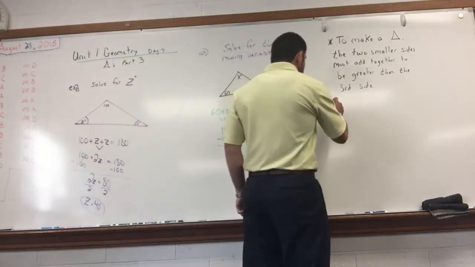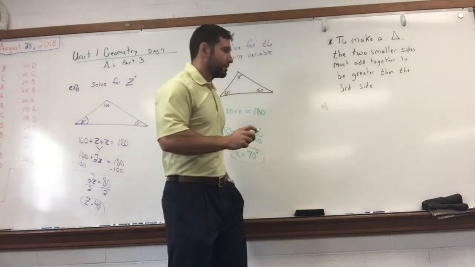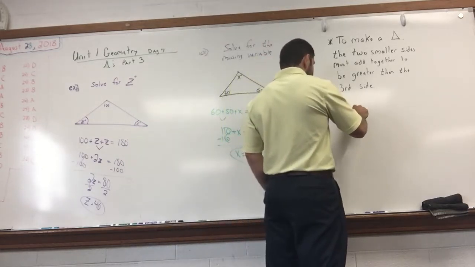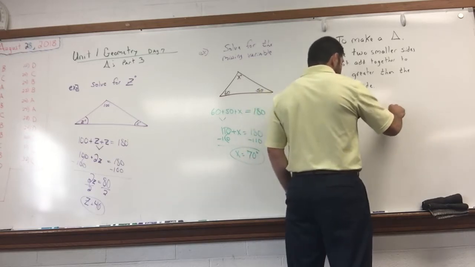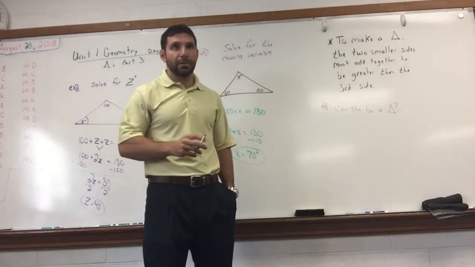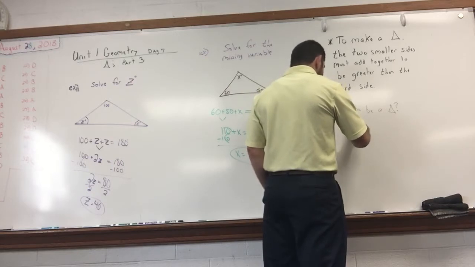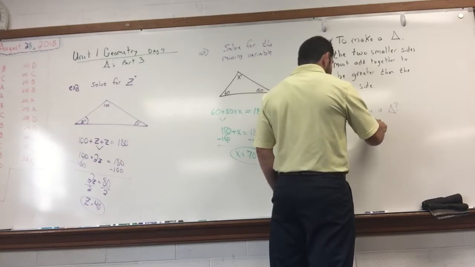So, what would examples look like? It might say, can this be a triangle? And they might give you this: 3 inches, 4 inches, and 6 inches.